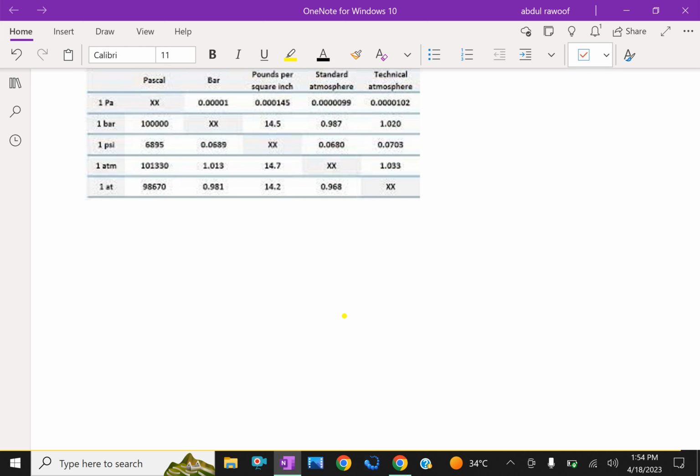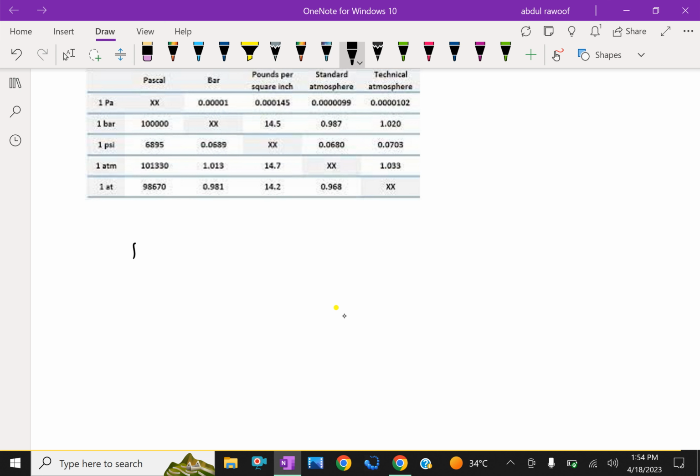Now, convert 1 atmosphere. 1 atm, 1 atmospheric pressure, is equal to 101.325 kPa.